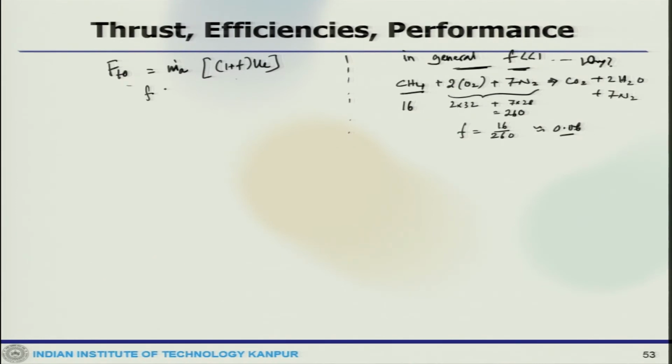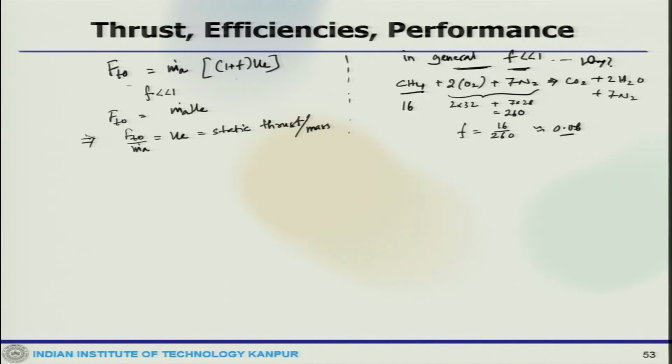Now, let us come back to this takeoff thrust. Since F is small, we can write takeoff thrust as m dot A into U E, which means T O by m dot A is U E, the static thrust per unit mass.